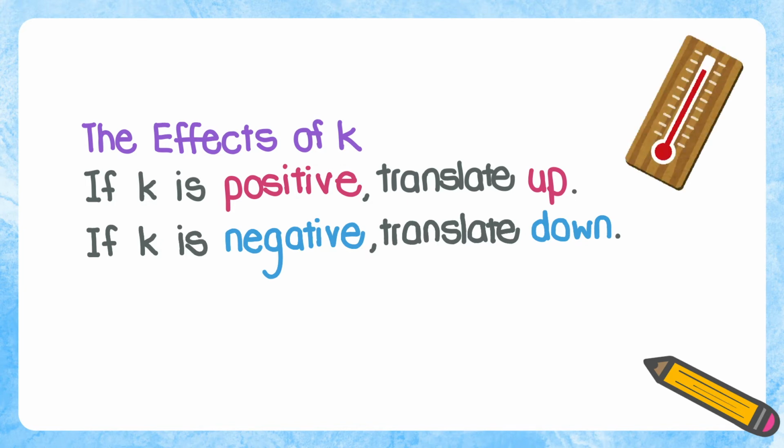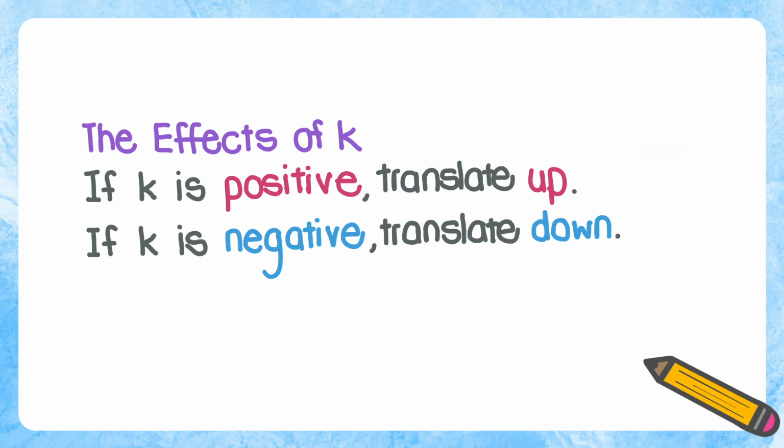To remember this, think of a thermometer, where when it gets colder, so when the temperature goes in the negatives, it goes down. So based on these effects, let's take a look at some examples.